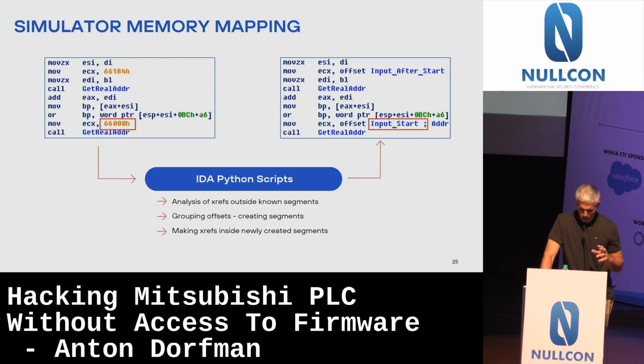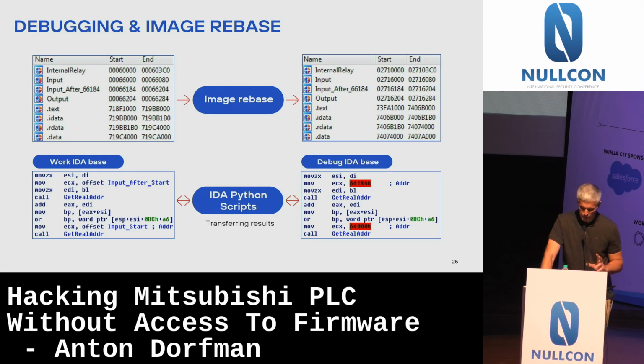So I can now research how the simulator communicates with this input device. During debugging, there was one issue: when I tried to load this DLL into the debugger, it does some image rebase.